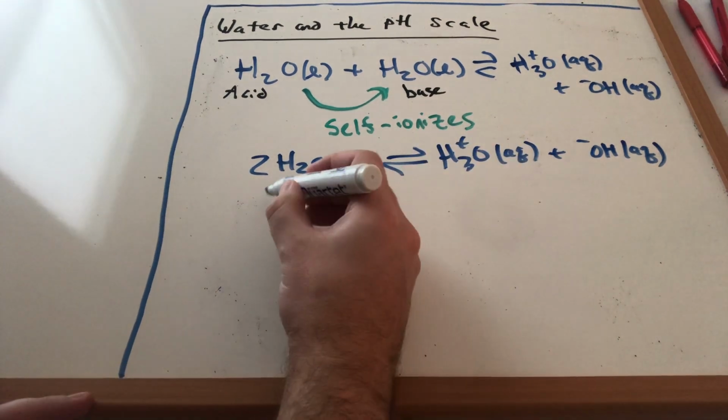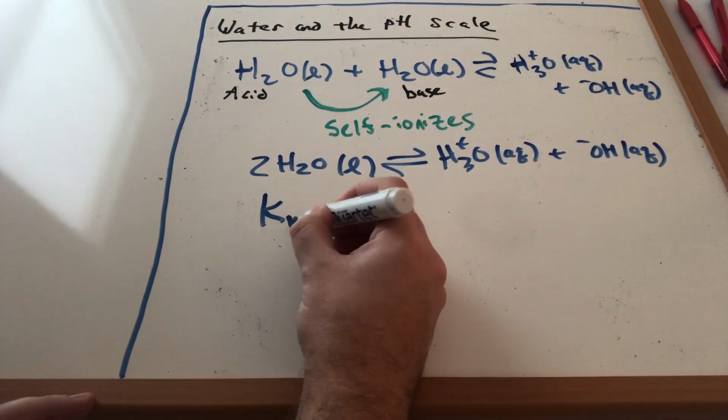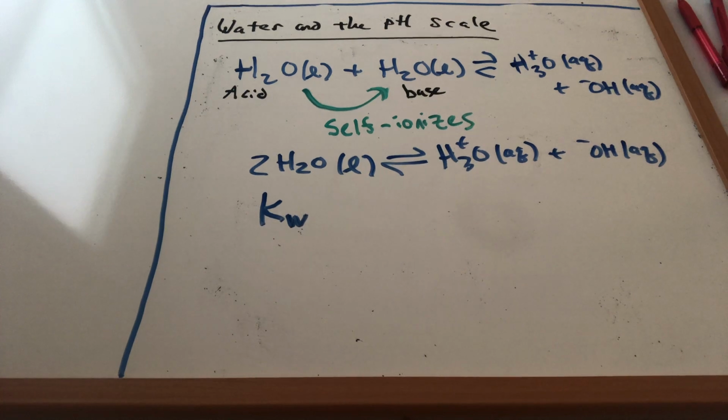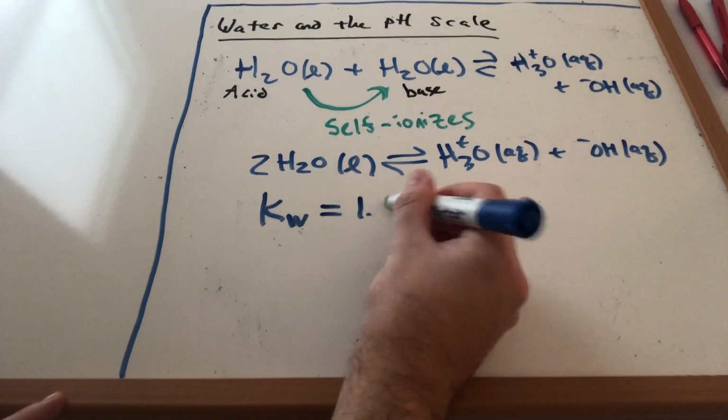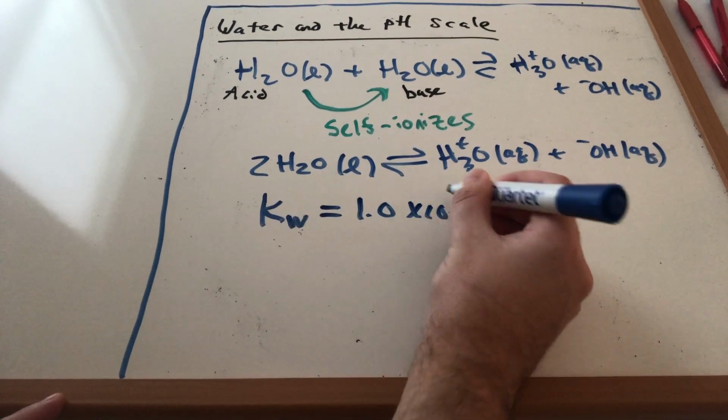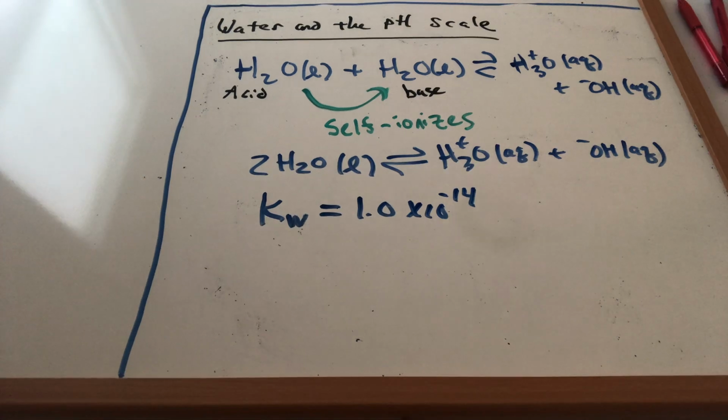This occurs with a K that's labeled Kw. And Kw is an important thing to definitely memorize. And Kw is 1.0 times 10 to the minus 14.